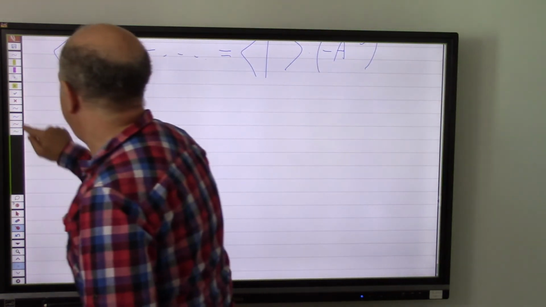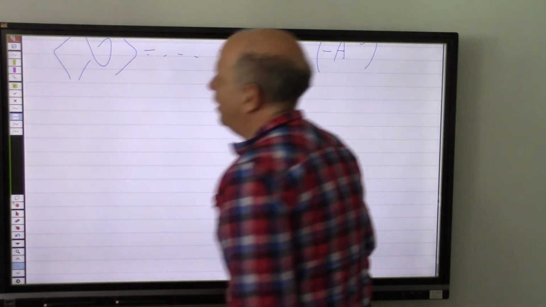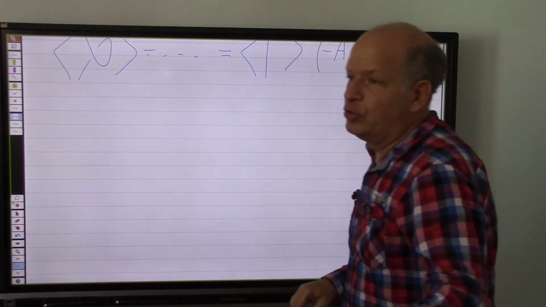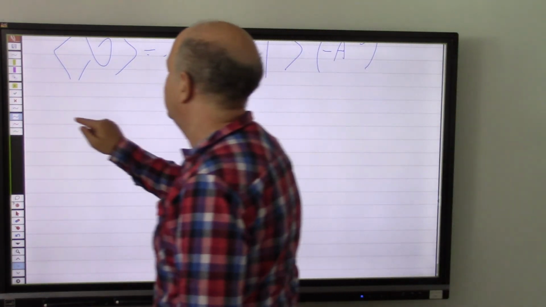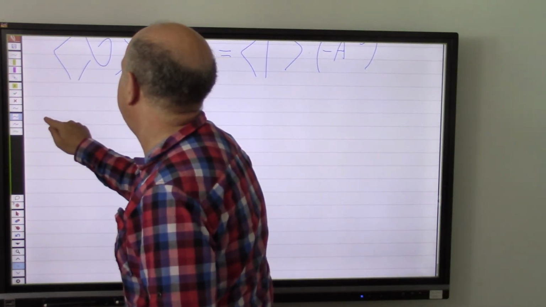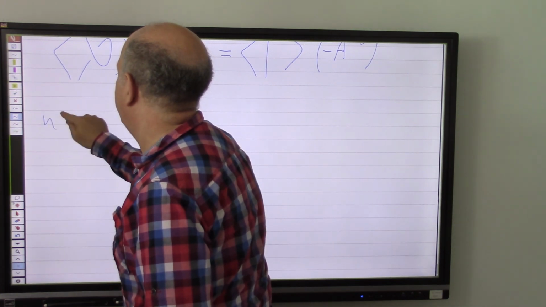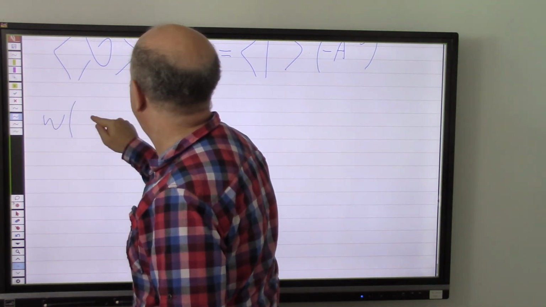So you define a new thing, okay? You define a new quantity. So you define the writhe of a knot diagram.